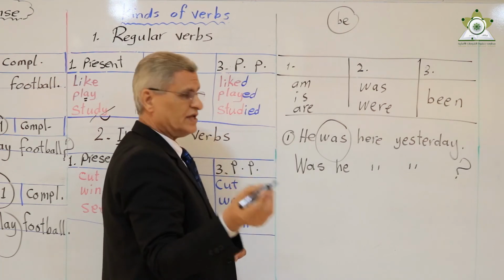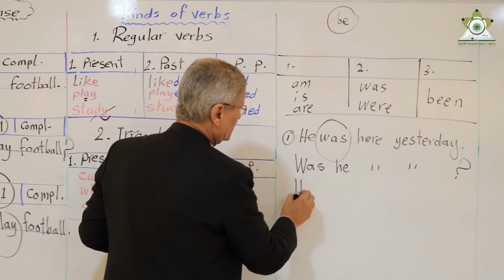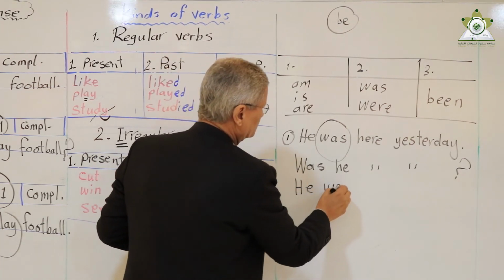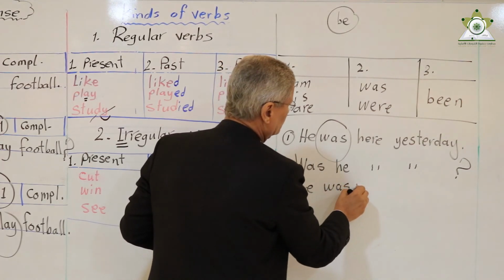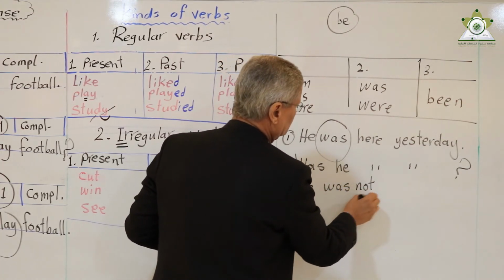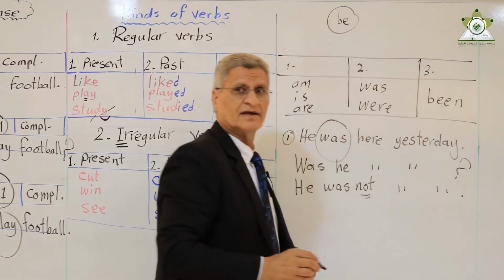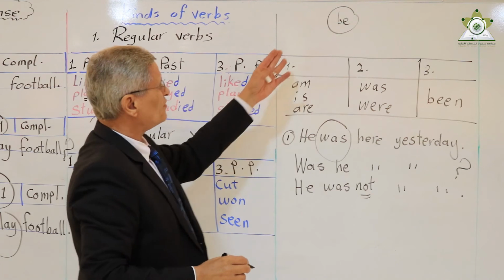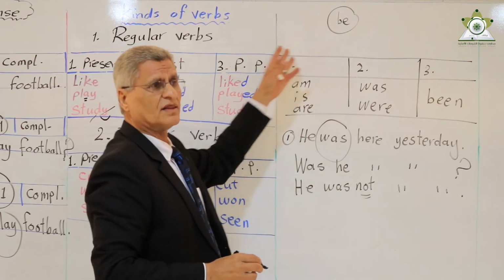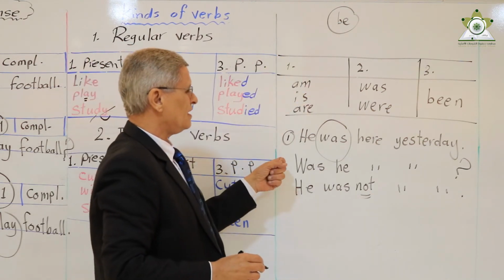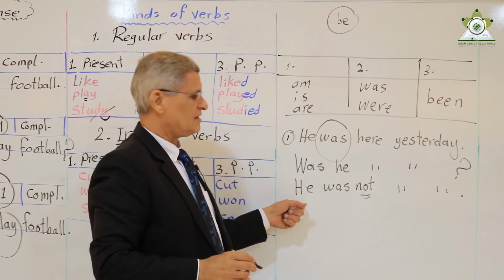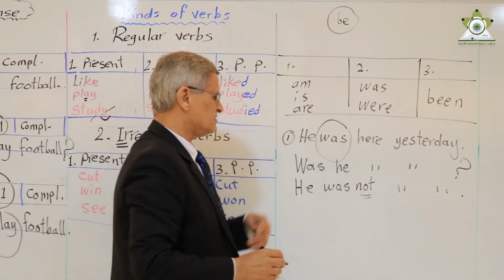When we change into negative, we say he was not. We add not. Here, yesterday. So the verb to be is different from other verbs in the question and negative. In the negative, you add not.